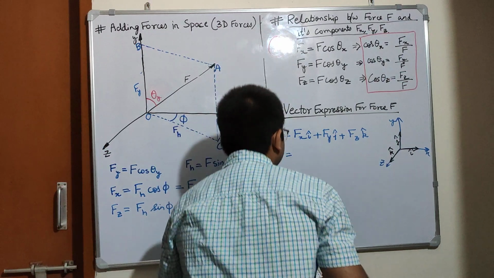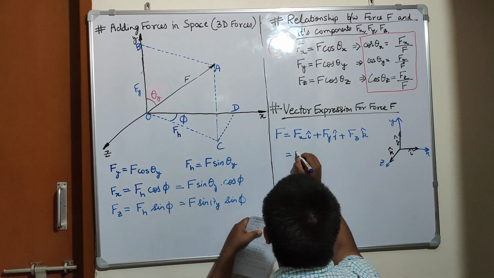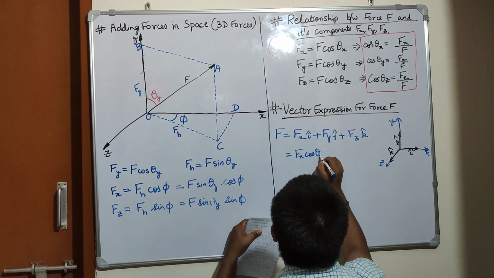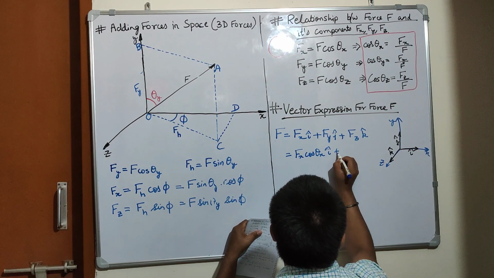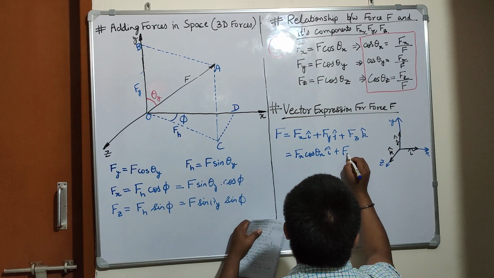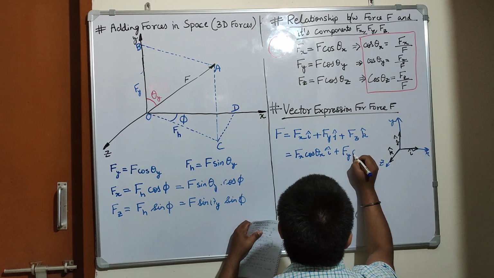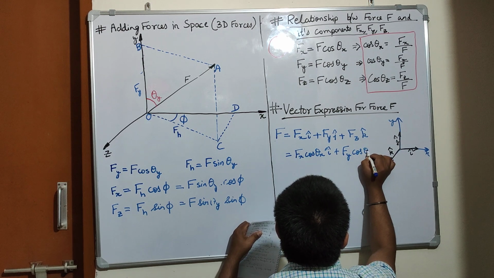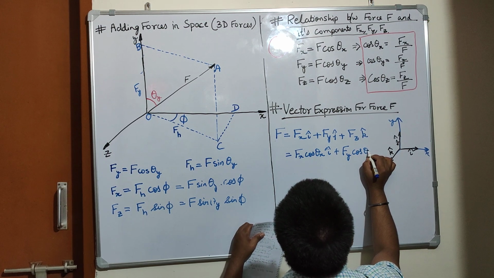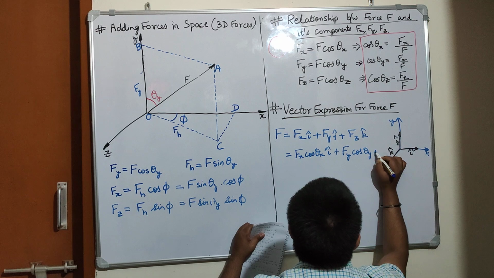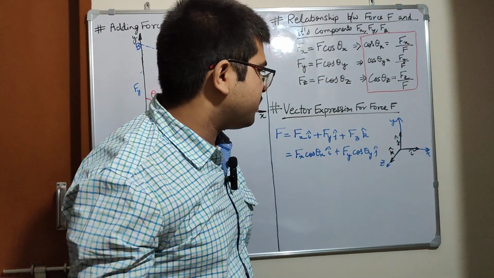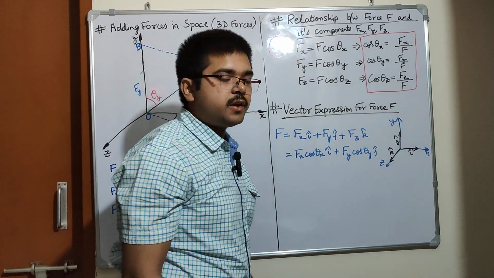I'll just write that down: F cos theta x i cap plus F cos theta y j cap. This unit vector diagram I am rubbing out. I hope you have noted them down.